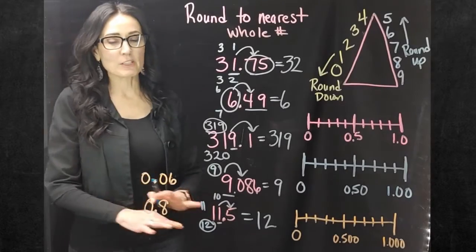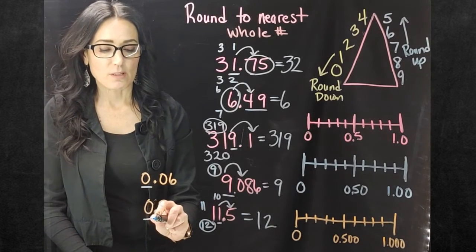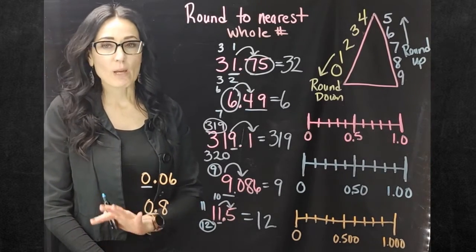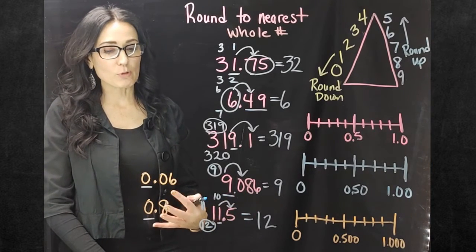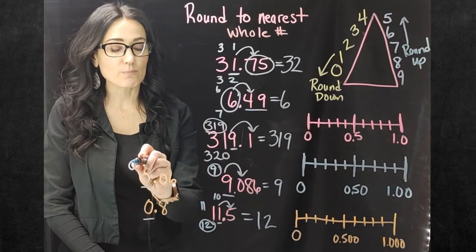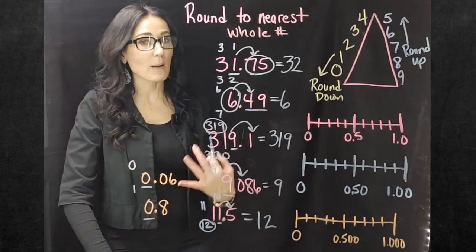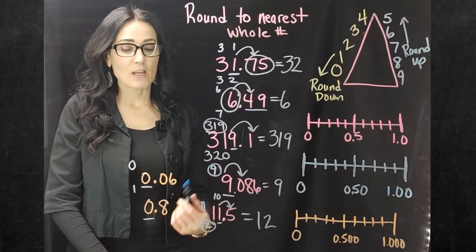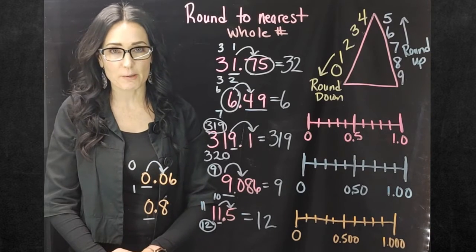All right, so what happens when you have no whole numbers? Check out these two decimals here. We have no whole numbers. So we are still going to use the same rule. It's either going to stay a 0 or it's going to become a 1, because if we round up a 0, it becomes a 1. So we have a 0 here, and we notice that next to it we have another 0.